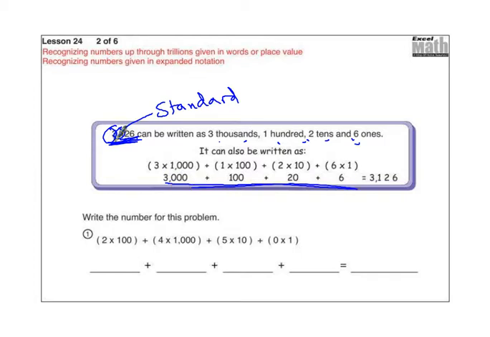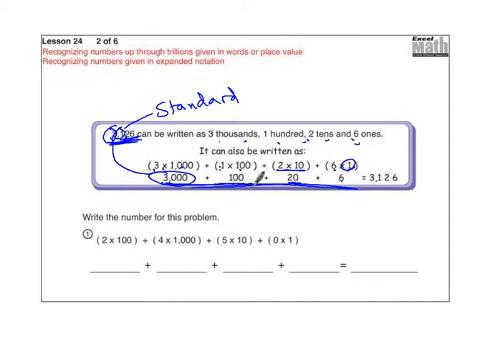I'm taking each digit and writing it as a number. The 3 is in the thousands place. 3 times 1,000 is 3,000. There's a 1 in the hundreds place. 1 times 100 is 100. There's a 2 in the tens place. 2 times 10 is 20. And there's a 6 in the ones place. 6 times 1 is 6.